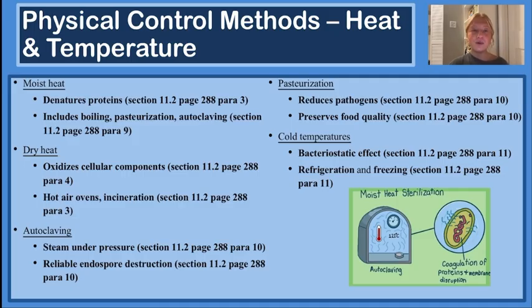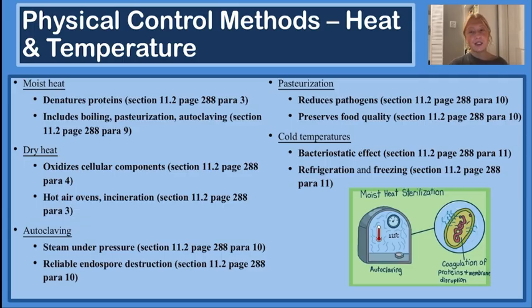So, heat is one of the most reliable and widely used physical methods of microbial control, and moist heat is especially effective because it works by denaturing proteins, which permanently disrupts enzyme structure and cellular metabolism.